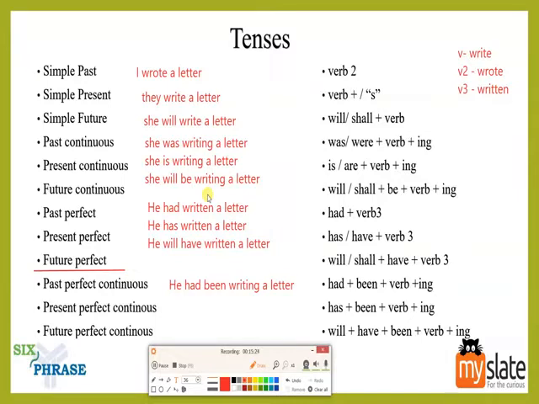So let's take present perfect continuous, meaning that it has just been completed right now. Okay, he has been writing a letter. Let's take this example, present perfect continuous. If I want to say present continuous, you are listening to the class, right?